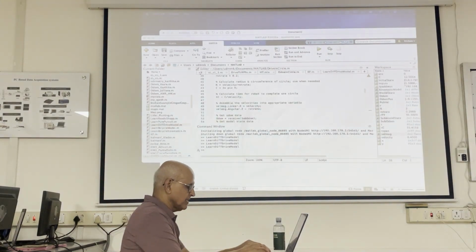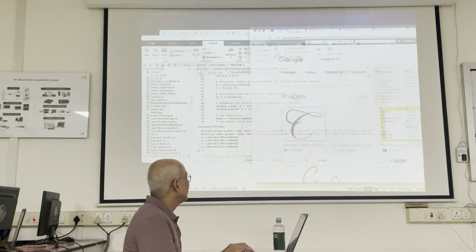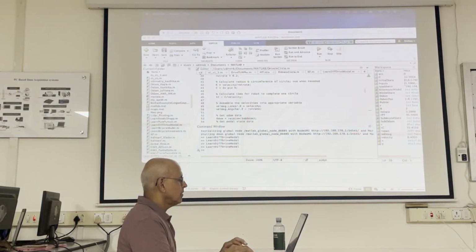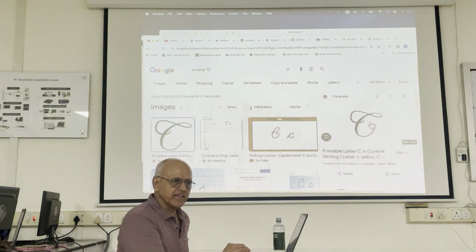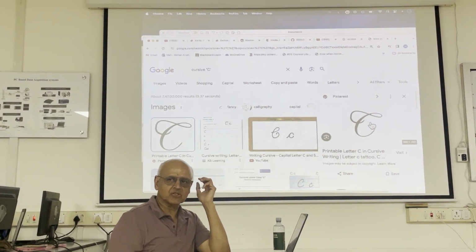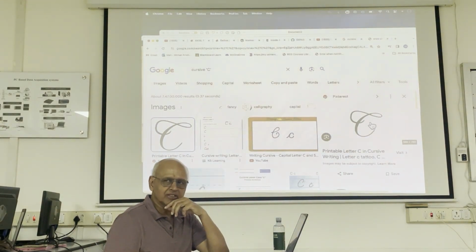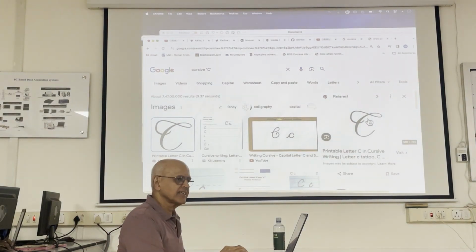So I wanted to think about this problem that I'm going to outline, and maybe we'll get to it later this afternoon. So this is the cursive C. Cursive handwriting is an art that is almost lost now with computers everywhere. Nobody knows how to handwrite, but this was the cursive C. So if I ask you, can you drive the robot on this path?